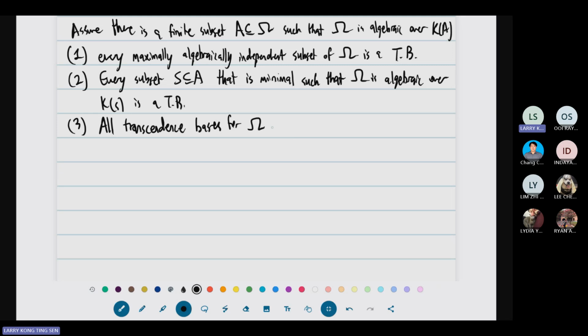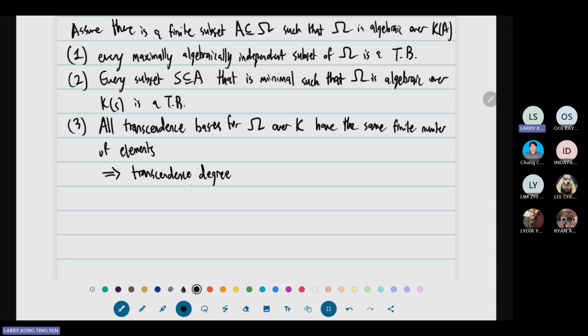So now, we call this value the transcendence degree. Let me write it down first. This is called the transcendence degree.